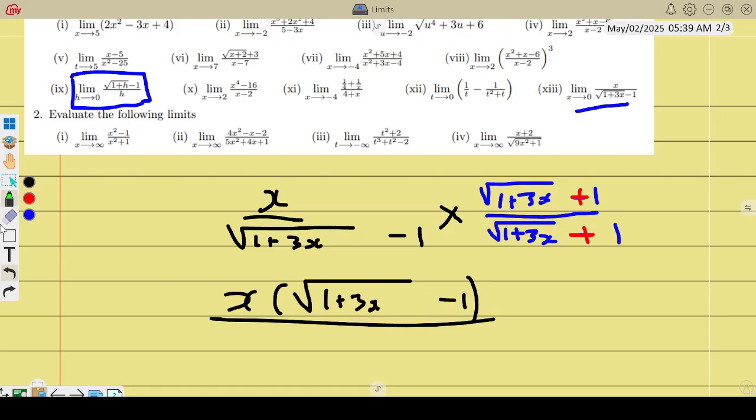So to quickly do this one, we're going to get one part, we square it. So we're going to have the square root of 1 plus 3x, squared, and then always put a minus in between, and then the other thing, it's 1, and we also square it.